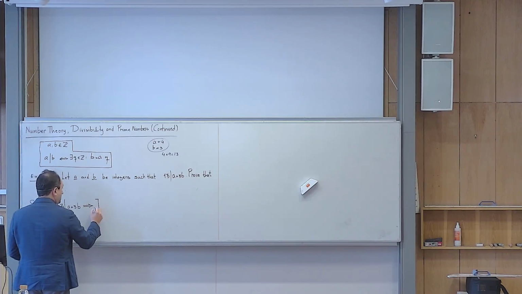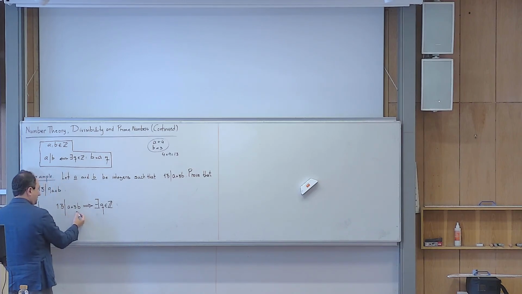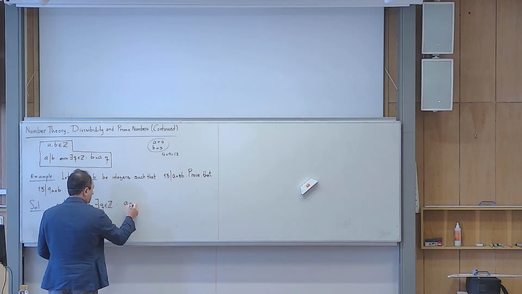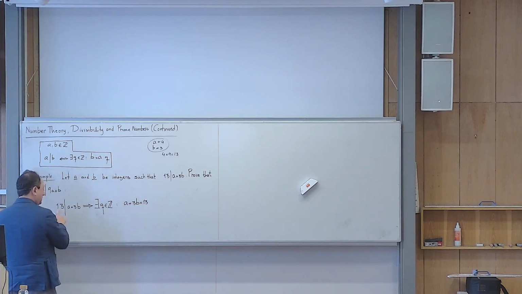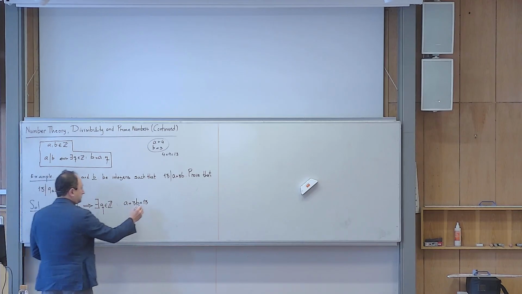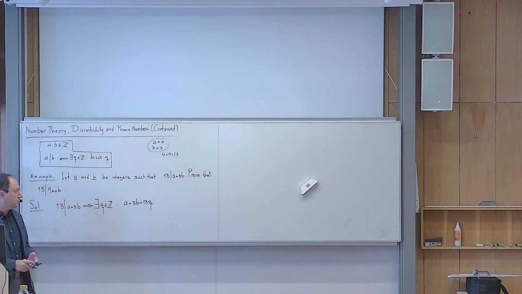This means there exists a q in Z such that the number on the right, A plus 3B, is equal to the number on the left, 13, multiplied by that q. This is what I know by the definition.